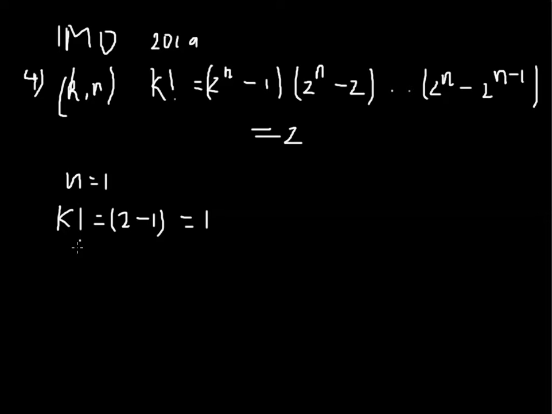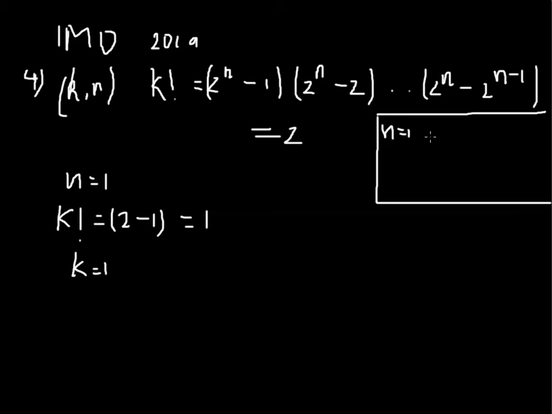So k factorial equals 1, then k has to be 1. So when n equals 1, then k equals 1 too.